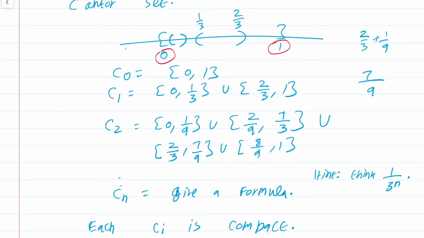Why are they definitely going to be there in the Cantor set? Because think about it for a moment. The only way by which these endpoints 0 and 1 will not be there in the Cantor set is if they are removed at some point. But at each stage, we are only removing something from in between the intervals that we have. So these endpoints 0, 1 will never be removed because at each stage, we are only going to remove something from the center. Nice, 0 and 1 are there in the Cantor set, but wait a second.